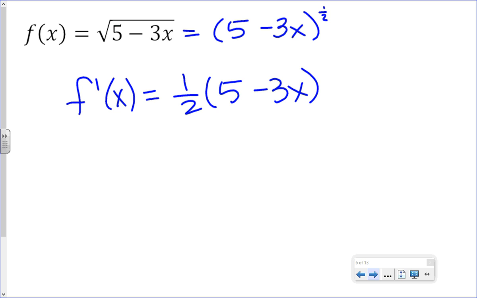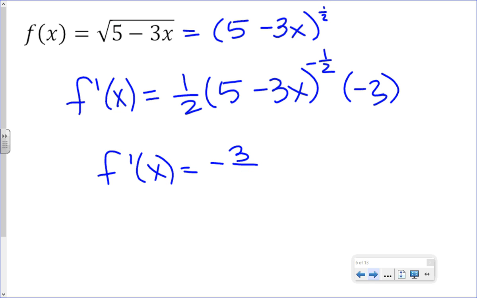And what happens to our power? Subtract 1. Then we have to look at the inside. 5 minus 3x. What is that derivative? -3. Sorry, don't know why I wrote 2. Okay, so I would probably rewrite this to be -3/2 times 5 minus 3x to the -1/2 power.